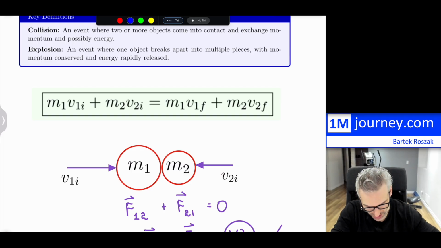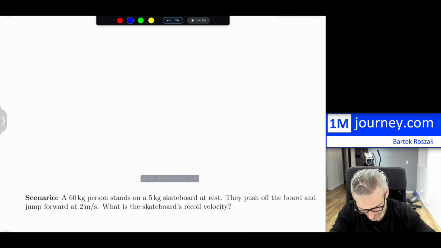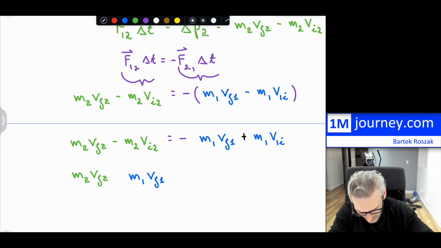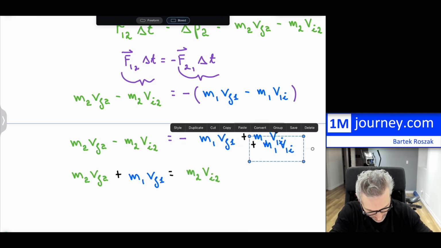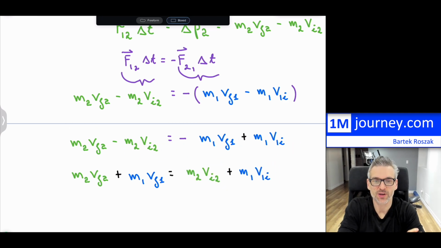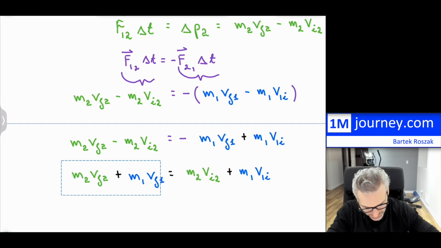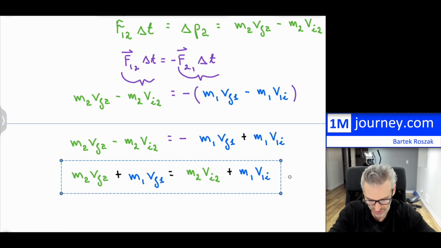So let me just do that. And so there you have it. As you change these things over, this is exactly what you're going to be running into, and that's your conservation of momentum.